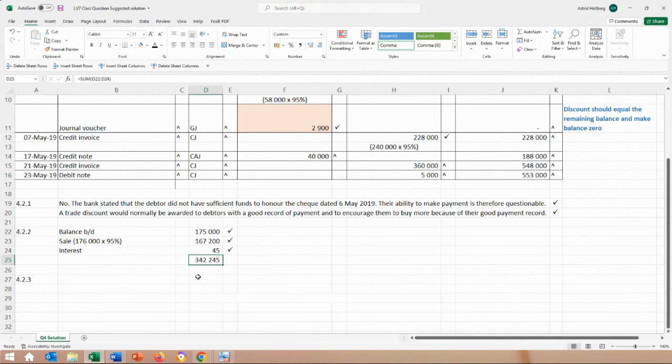What are we going to credit? You can type your answer in the chat function for me. So what account will we credit?